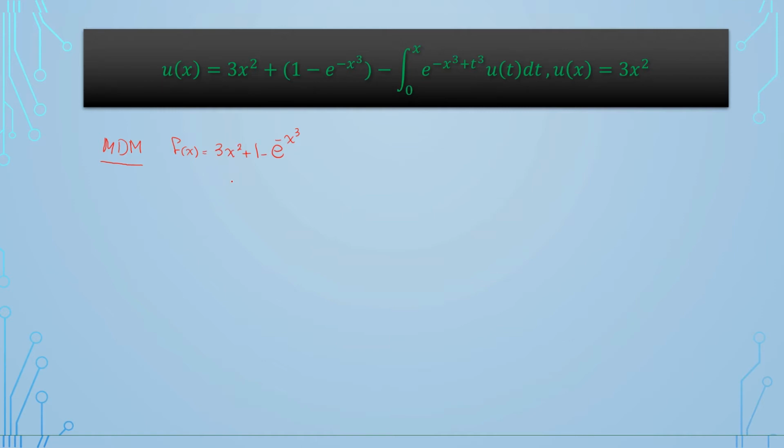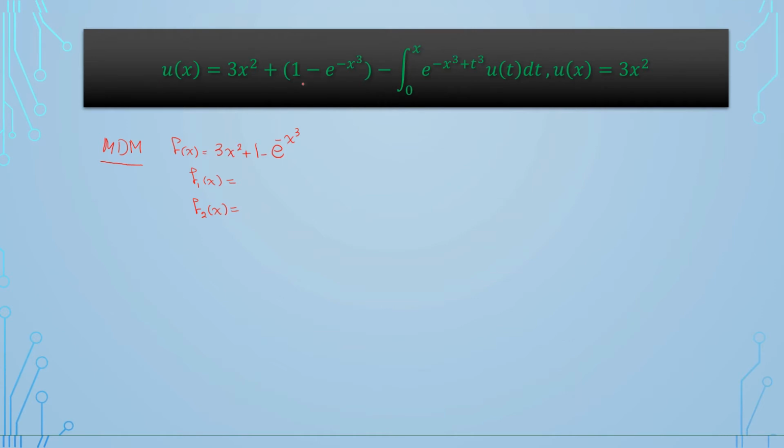We need to divide f of x into f1 of x and f2 of x in a way that makes our solution come easily, or the calculation that we will go through will be easy.